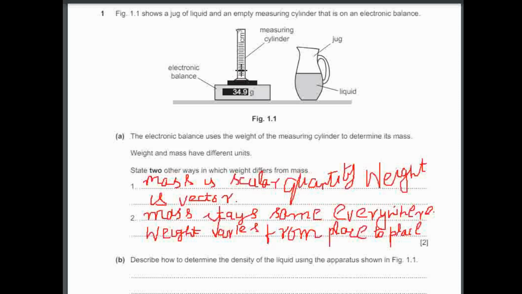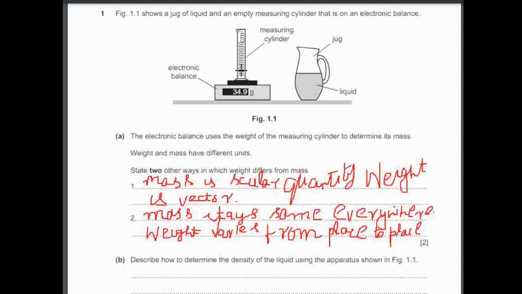Let this be M1. Then you pour the liquid of volume V into it, where V is the volume of the liquid, and again you weigh it on the electronic balance.